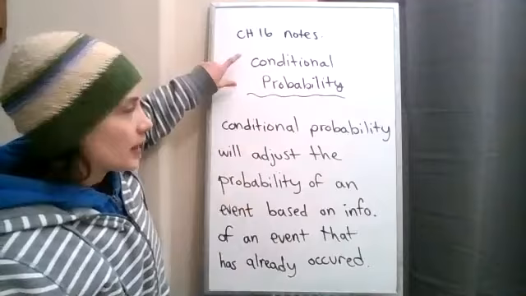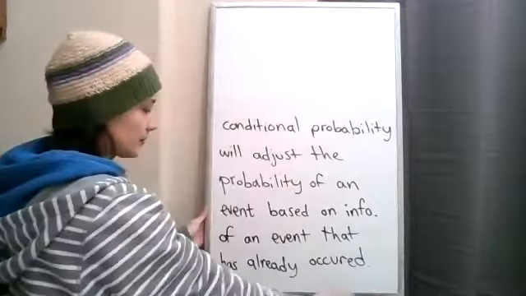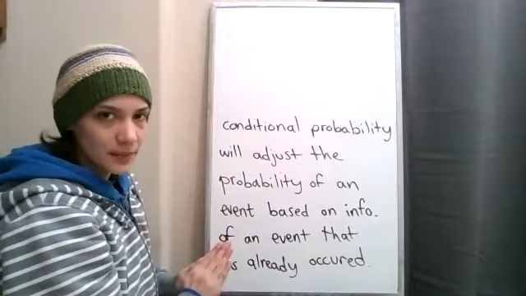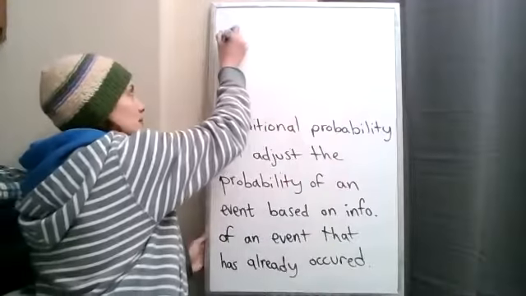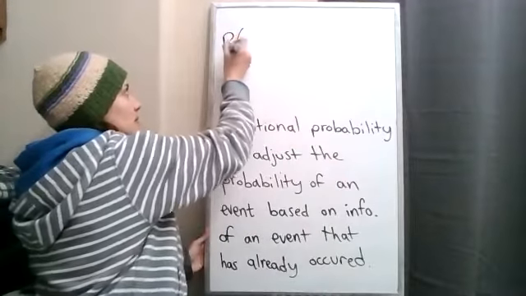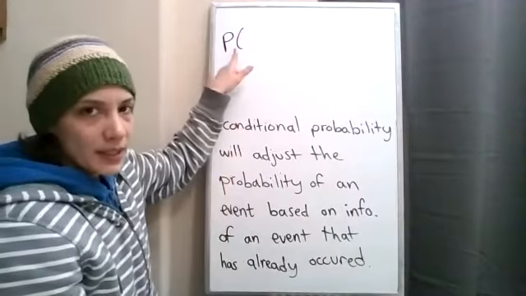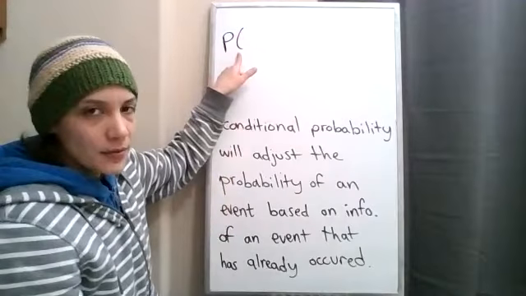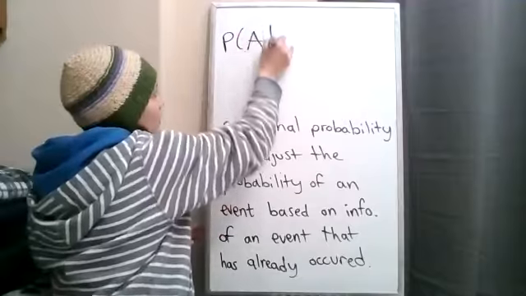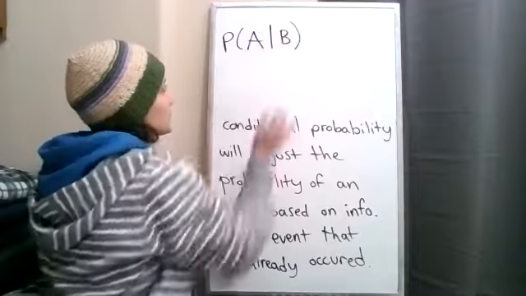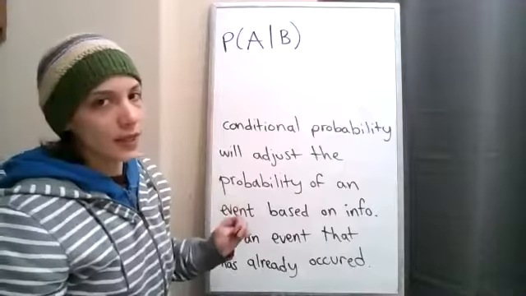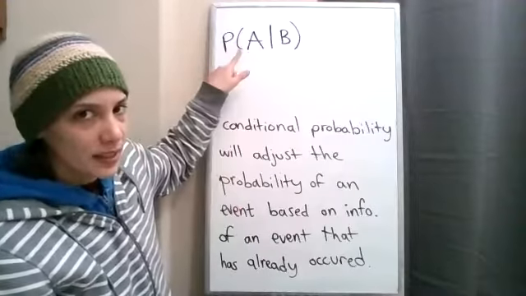So for conditional probability, we're going to have some notation. P for probability. Probability of A given B. So this is the new formula.